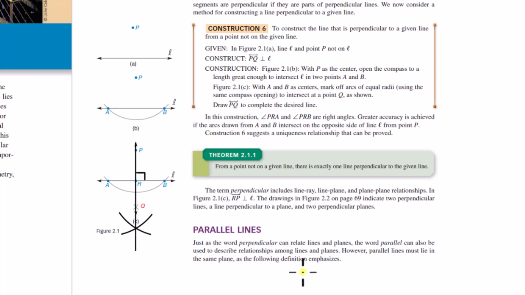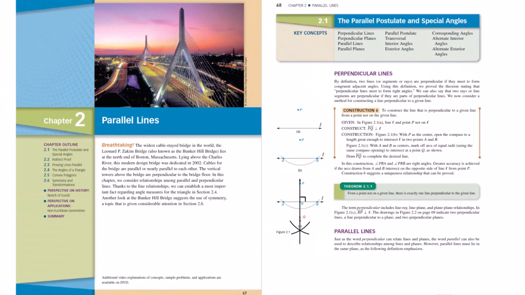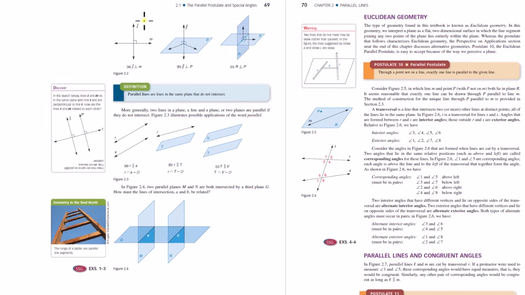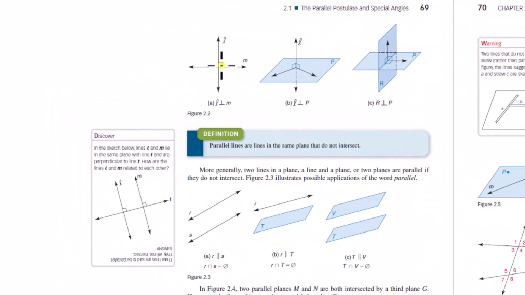So, we started with looking at perpendicular lines in this opening section. Now let's come to the next page. Here are two perpendicular lines, but you could also think about the idea of perpendicularity with lines and planes, and planes and planes.